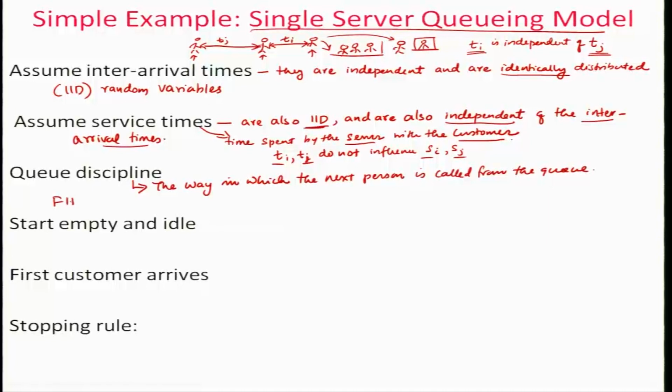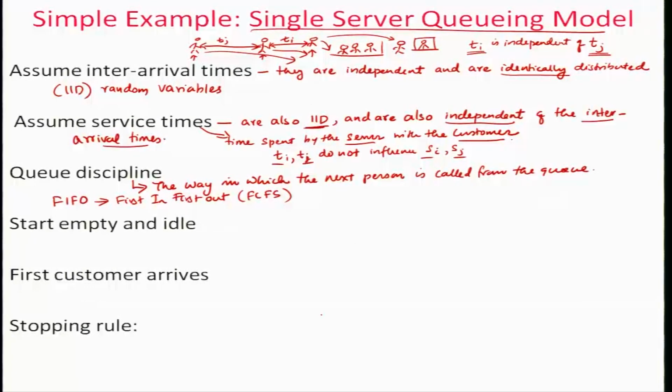The main rule we are assuming here is FIFO, which stands for first in, first out, or first come first serve. It is also called FCFS, but we call it FIFO. So, we assume that whoever comes first gets served first. The people who come later will join the back of the queue, like this.